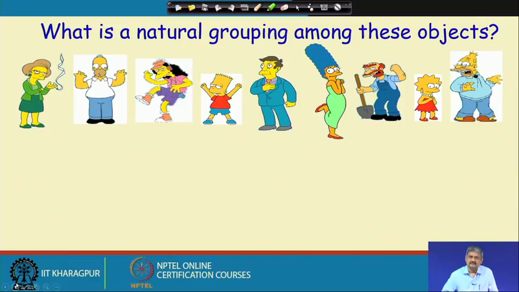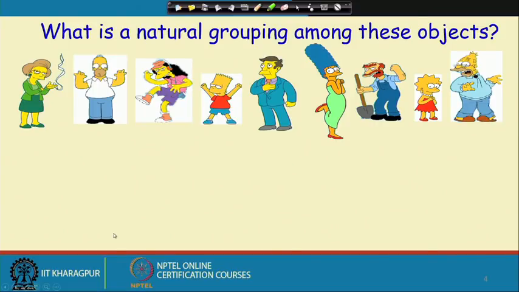So, the term similar you have to first define before you define what is a group of similar objects. This similarity measure defines what is a natural group. For example, what is a natural grouping among these objects that I am shown in the picture?